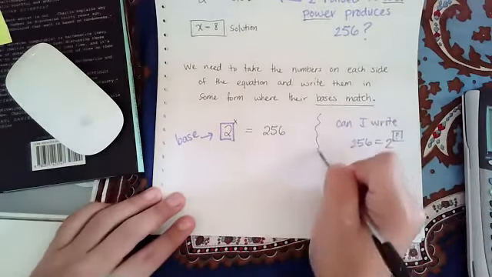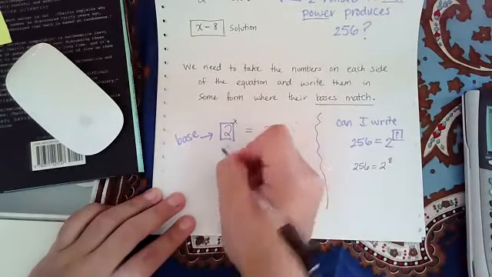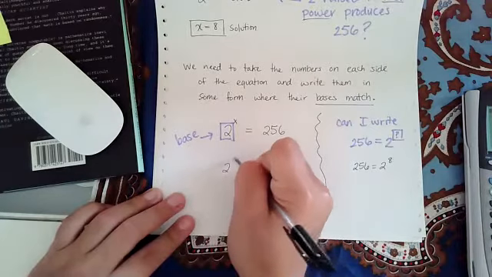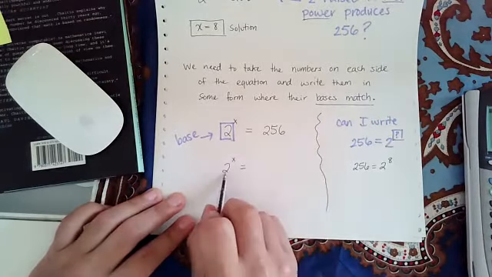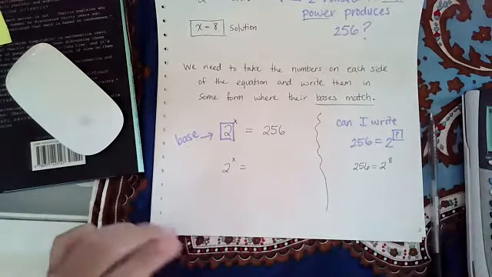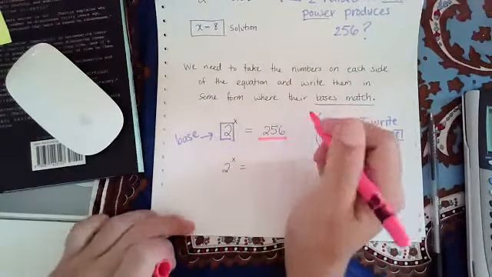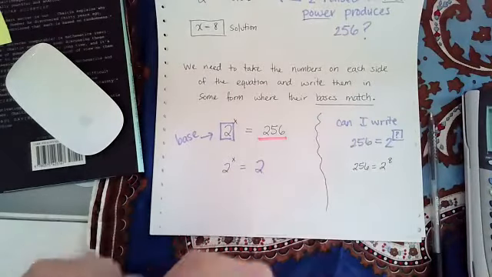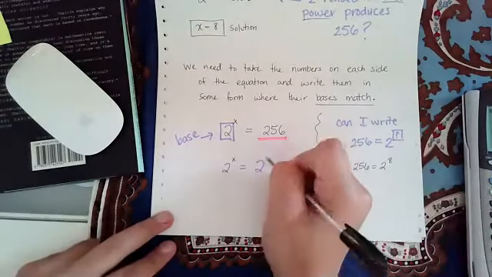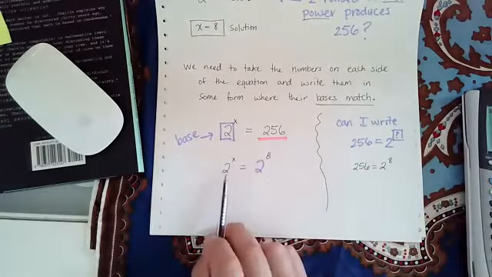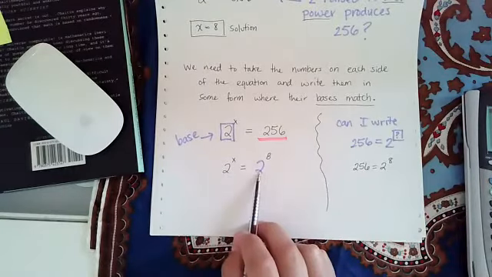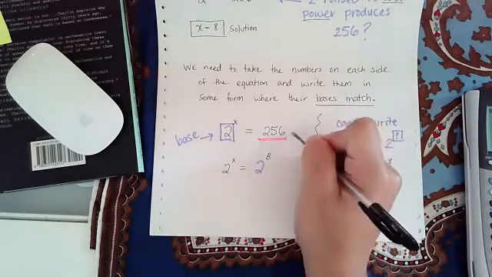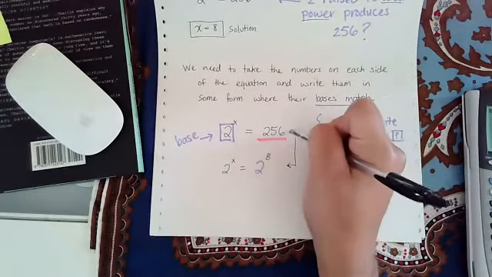But what we would do over here is we would rewrite this equation. And I'm going to write 2 to the x power because we're not doing anything there. But what I wanted to do was take this larger number, see if I can rewrite it as 2 raised to some power, and I can. And now since I know that 256 and 2 to the 8th power are the same value, I can make that substitution.